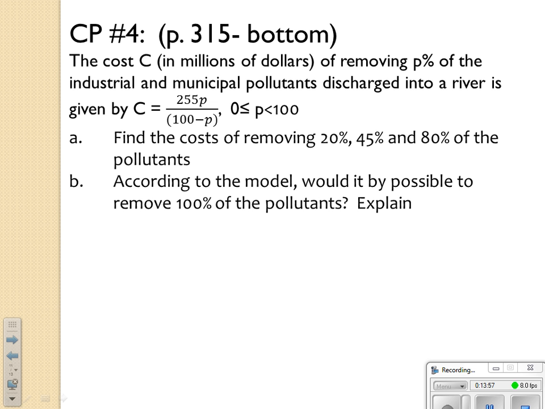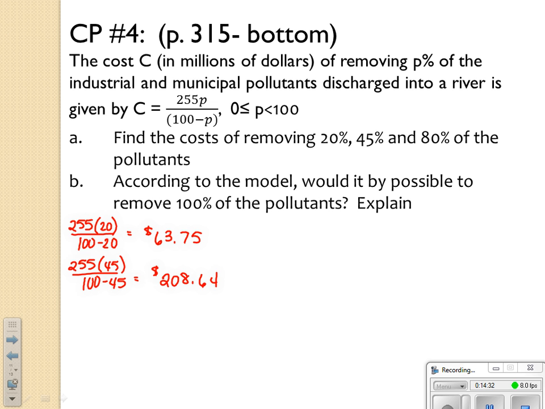All right, so plugging 20% in first. Okay, doing the math here, I come up with $63.75. Okay, at 45%, let's redo it. I end up with $208.64, roughly.